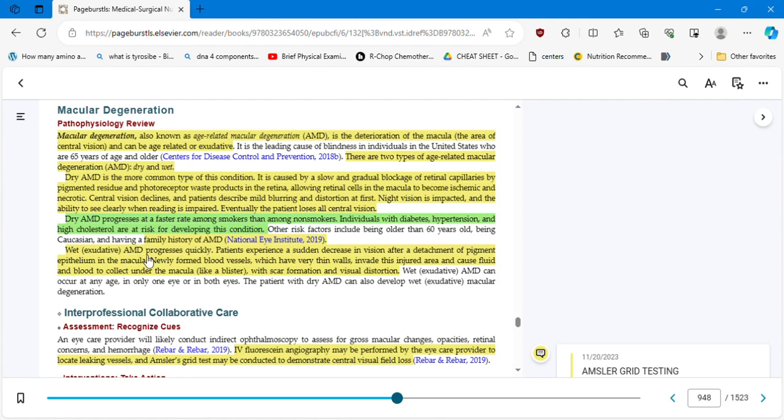Wet exudative AMD progresses quickly. Patients experience a sudden decrease in vision after a detachment of pigment epithelium in the macula. Newly formed blood vessels, which have very thin walls, invade the injury area and cause fluid and blood to collect under the macula like a blister, with scar formation and visual distortion.